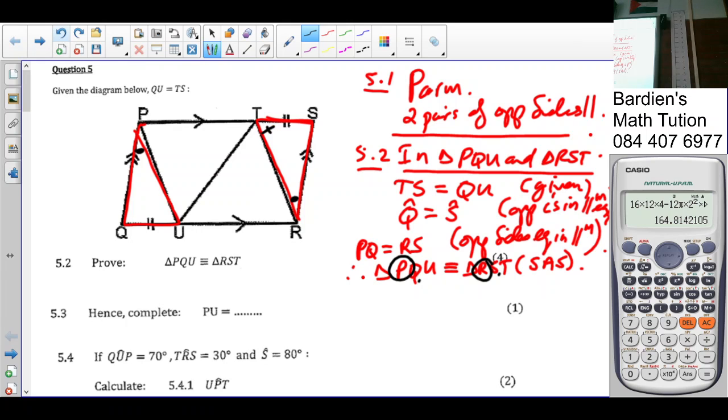And angle T is equal to angle U of those triangles. What else do we know? We know that PQ is equal to RS, but we knew that one already. We also now know that QU, we knew that also already, and PU is equal to RT, or TR. Can you see that, people?